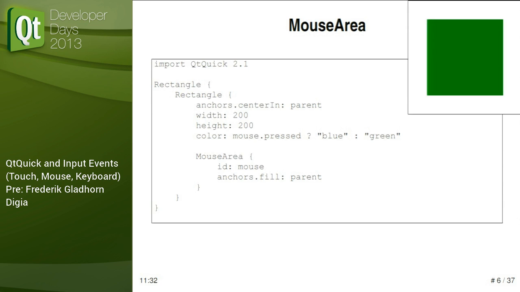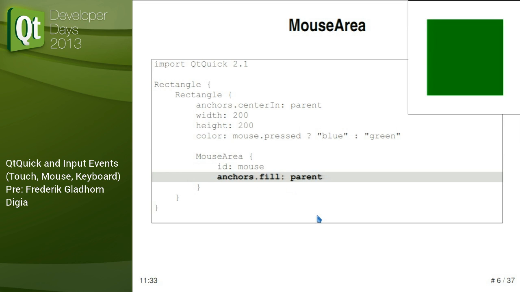So the first thing is MouseArea. It's pretty simple. I would just quickly like to highlight how you can use it. I put the example running in the top right corner. So I have this mouse area, I declare it, I give it an ID, and I actually need to give it a geometry.